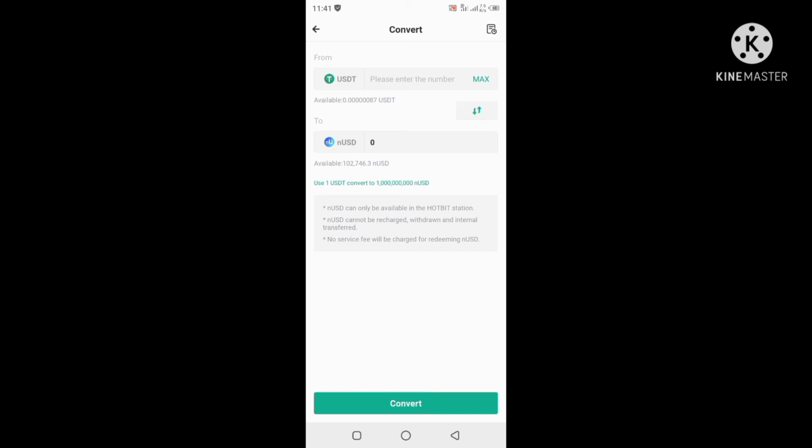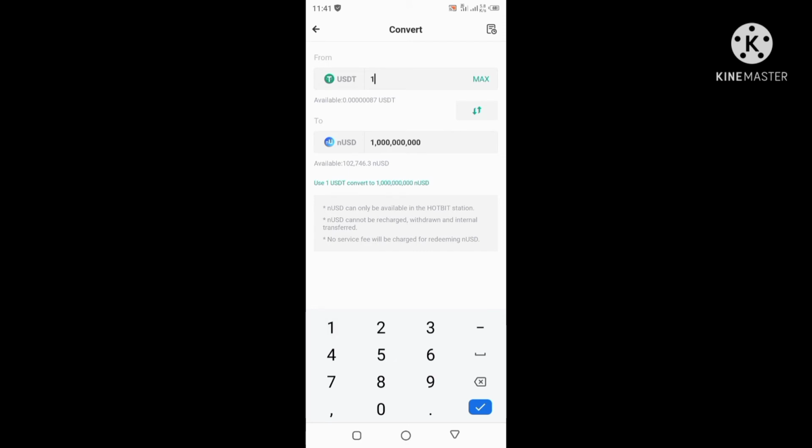So whatever USDT you have, you convert it to NUSD. So 1 USDT is equal to 1 billion NUSD. If you want to place the maximum, you can click maximum. This is what I have here. Or you input the number of how many dollars you want to convert to NUSD. And then you come here and click convert.